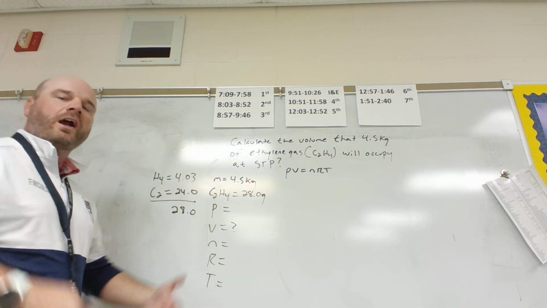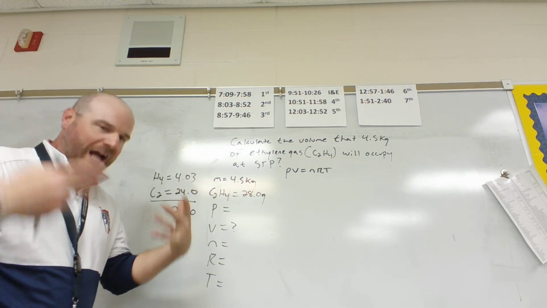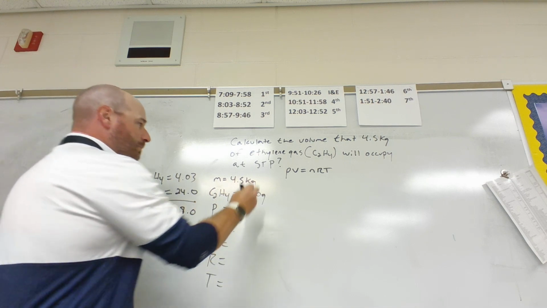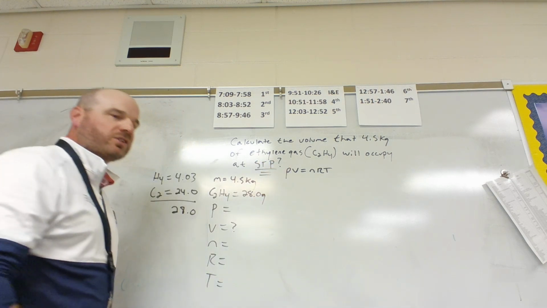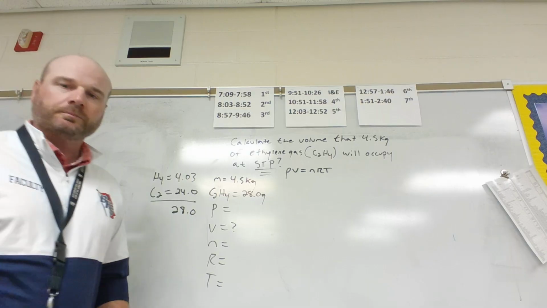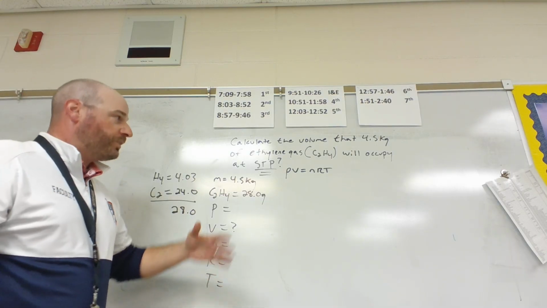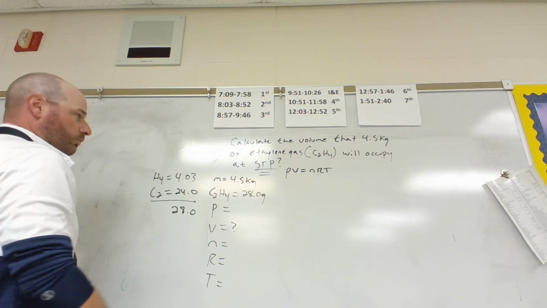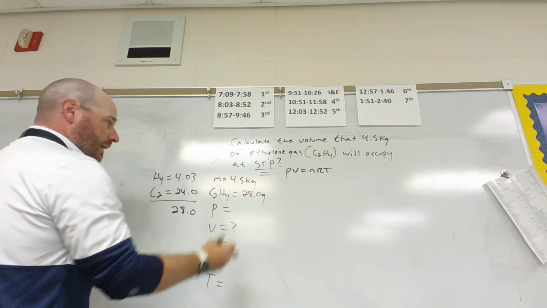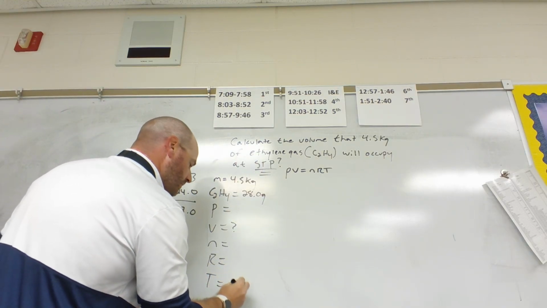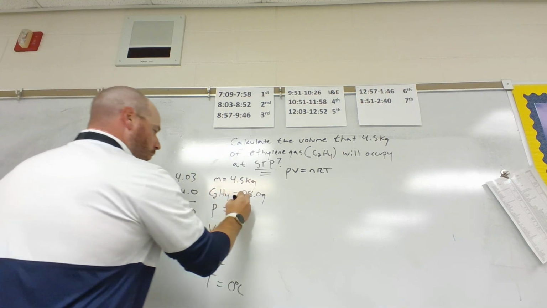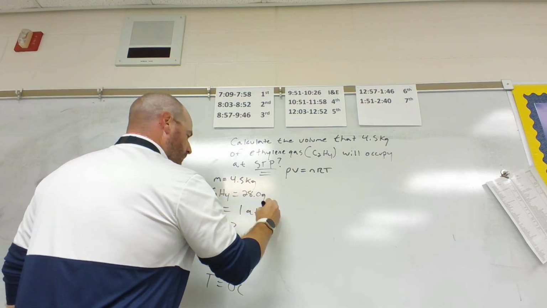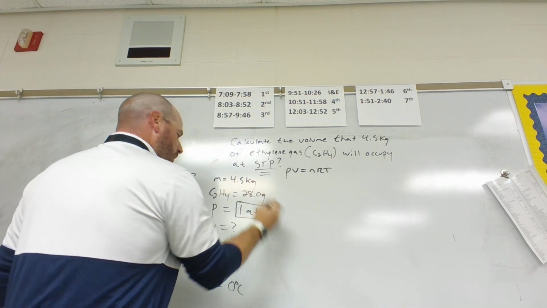This is where STP is so major. You've got to remember STP, this right here, gives us our temperature and our pressure every time. So we've got our temperature at 0 degrees Celsius, and our pressure at 1 atmospheric pressure. So that's good to go.